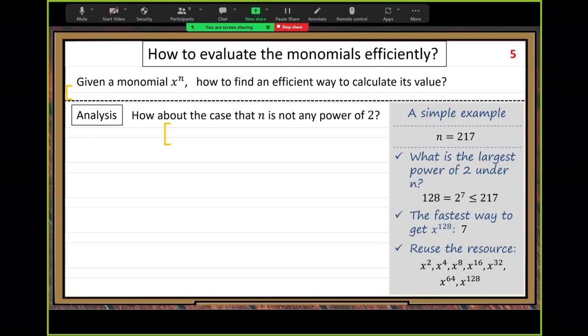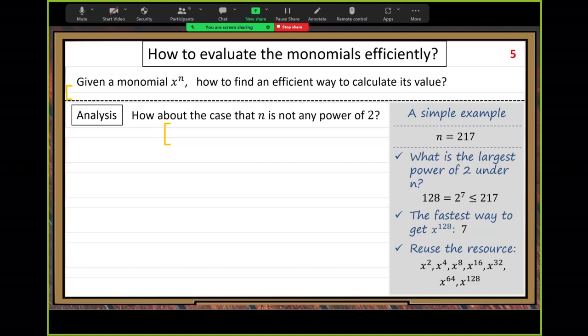So that's all our resource, right? All those 7 numbers are known. That means if we need to use any of the 7 expressions, we should not recalculate it.